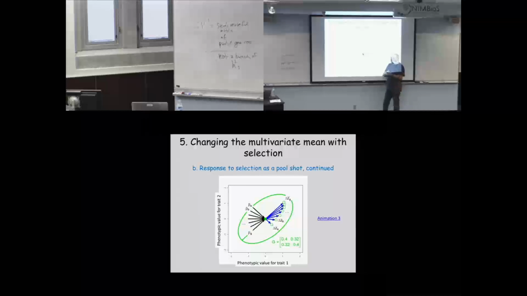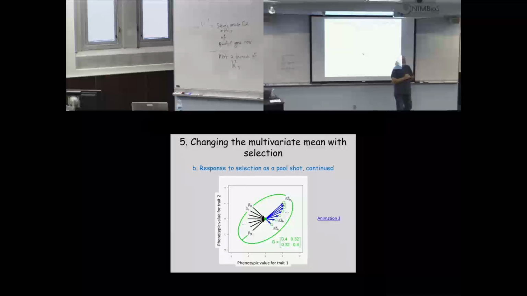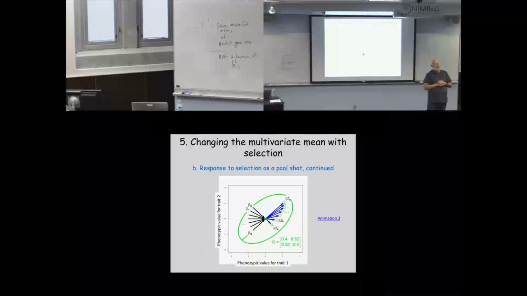And so I'm giving you a homework problem. In a single sentence, describe how the responses to selection differ from the angle of the direction of selection. And why am I giving you this homework assignment?